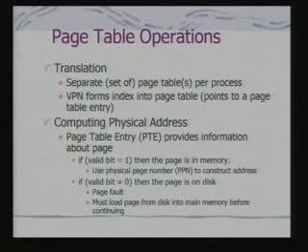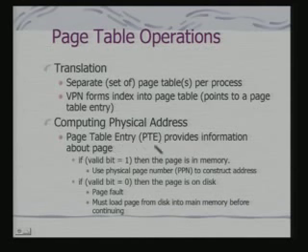So, what are therefore the operations of the page table? The basic operation of the page table is translation, because you have a separate set of page tables per process. And we have already seen that the virtual page number forms an index into the page table. That means it points to a particular page table entry. And then you compute the physical address.